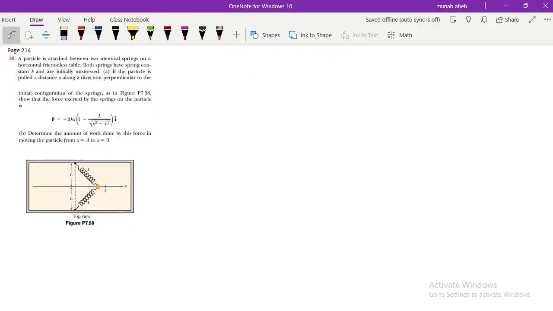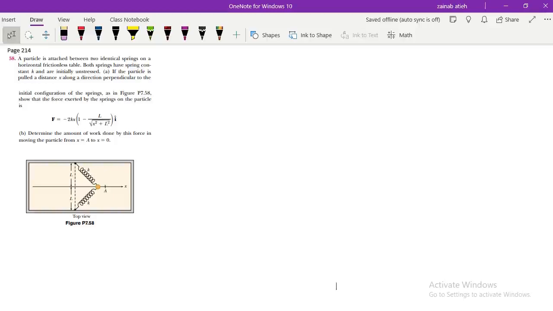Now let's move to problem 58, page 214. This problem says a particle is attached between two identical springs on a horizontal frictionless table. Both springs have a spring constant K and are initially unstressed.